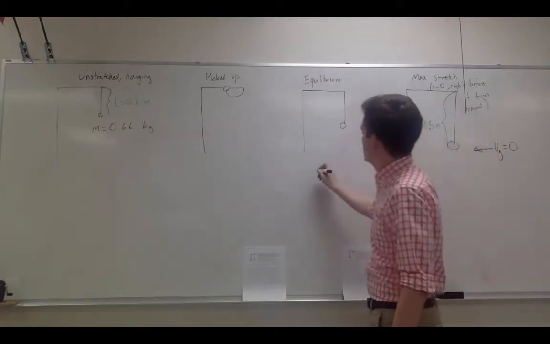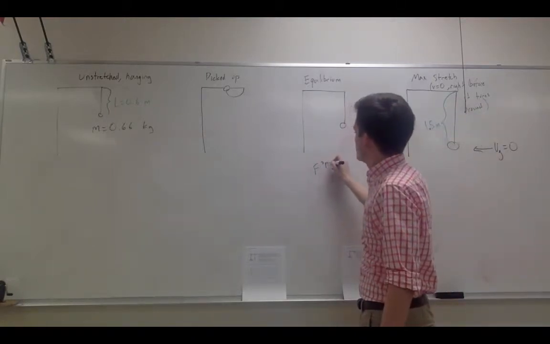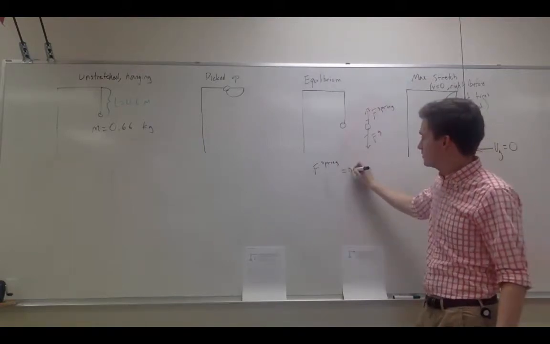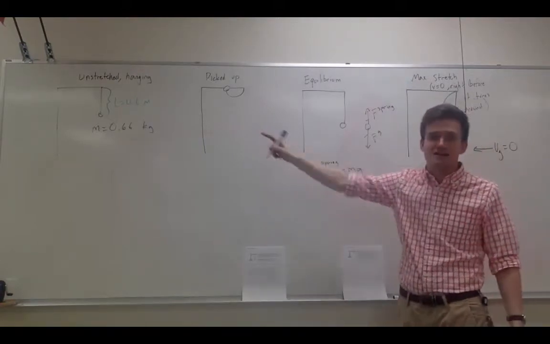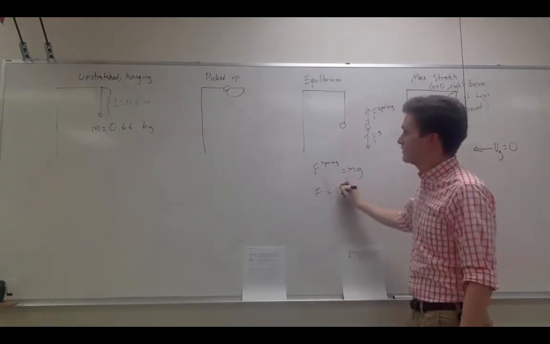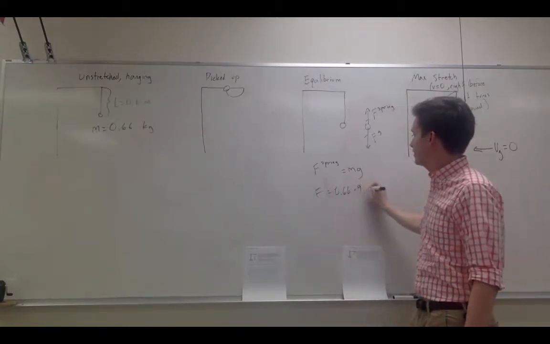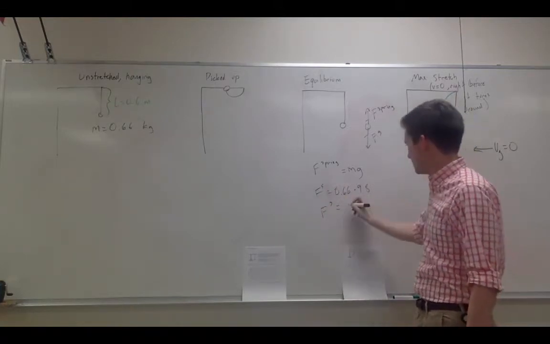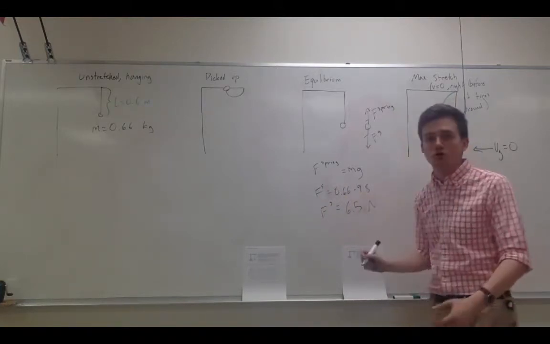Acceleration is 0. So we can say the force of the spring that we're trying to find is equal to Fg, which we know is mg. Well, we just found the mass at 0.66. We know the gravitational field strength on Earth. So our force is going to be 0.66 times 9.8. Force of the spring is 6.5 newtons. That's D. Done.